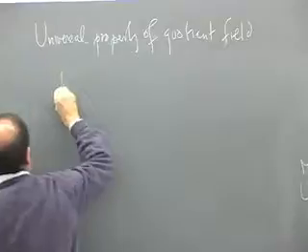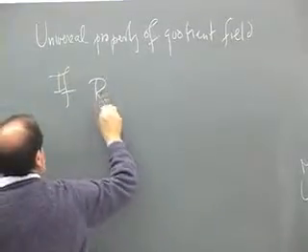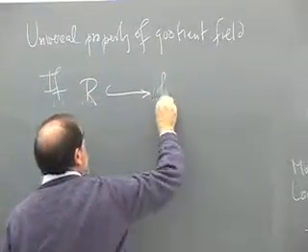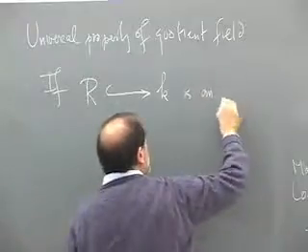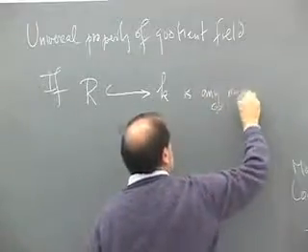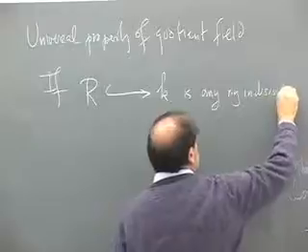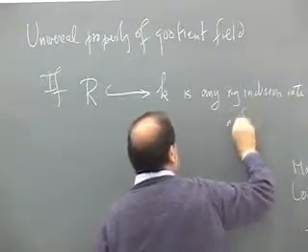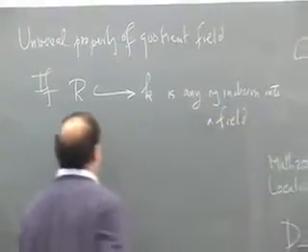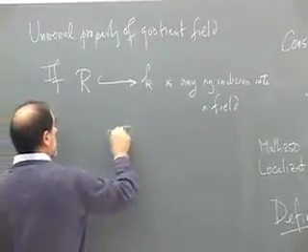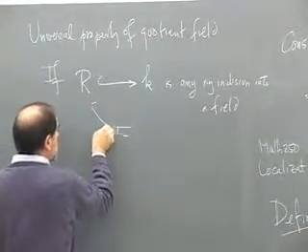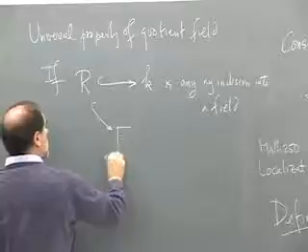If R to K is any ring inclusion into a field, that's the field K, and F is the quotient field of R, so we have a natural inclusion. This is the quotient field.